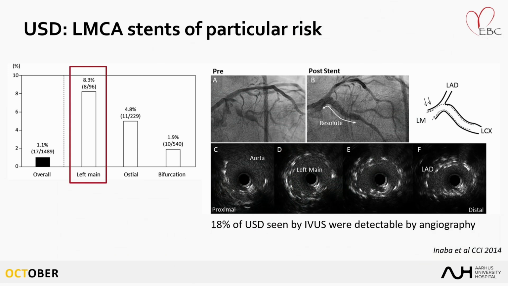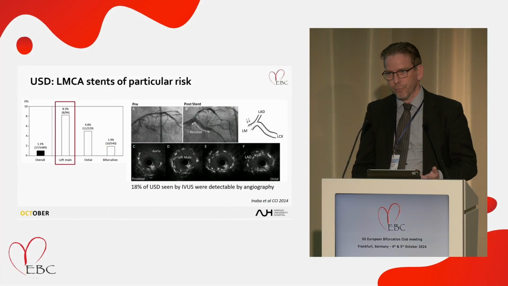I just want to highlight this particular registry from 10 years ago, already then showing that by IVUS assessment, 8% of left main cases had stent deformation as detected by IVUS. And the core lab was only able to detect this by angiography in 18% of the cases, meaning that this is something you need intravascular imaging for.